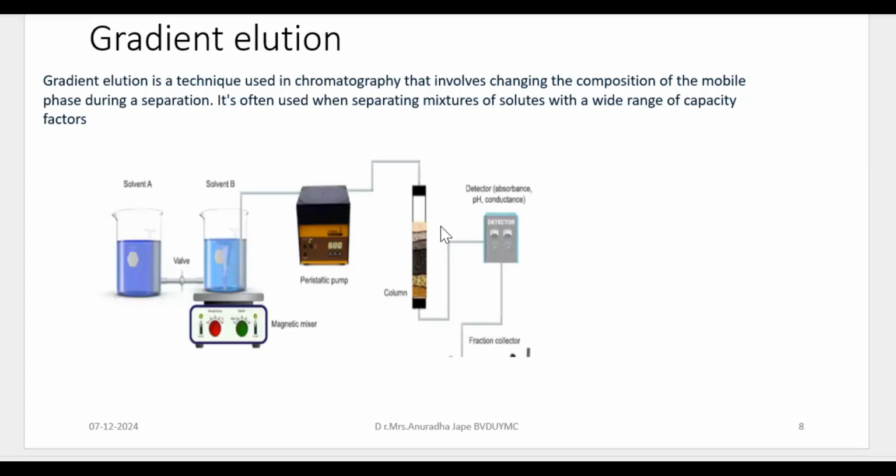In this case, the distribution of analytes between the two phases will not take place adequately. So here comes the role of high pressure liquid chromatography, HPLC, that we will discuss separately in the next lecture. But the flow rate of column chromatography is an essential component and that needs to be optimized.